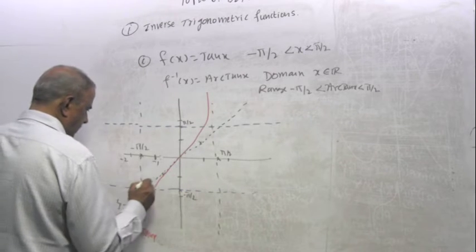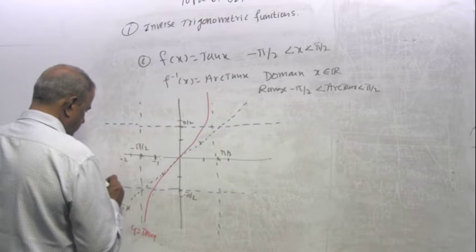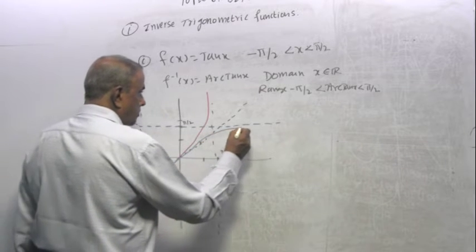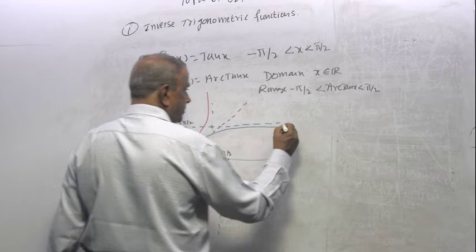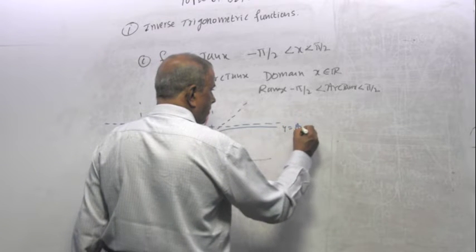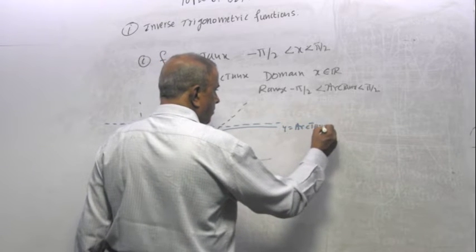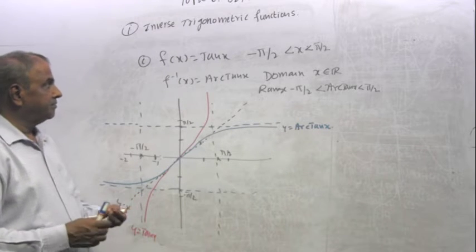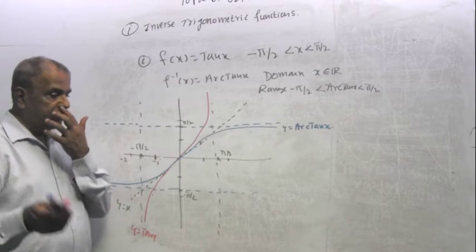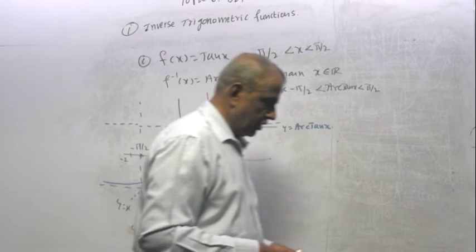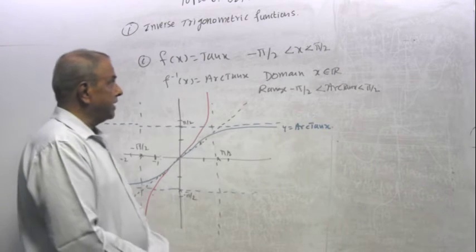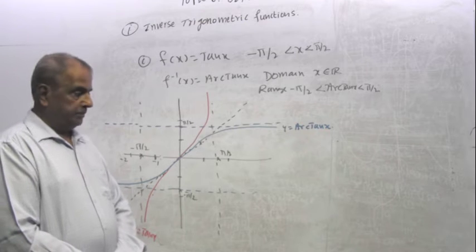The arc tan x graph looks like that. Okay. So as far as Edexcel students are concerned, you should know this. The graphs, the definitions, and the domain and the range.